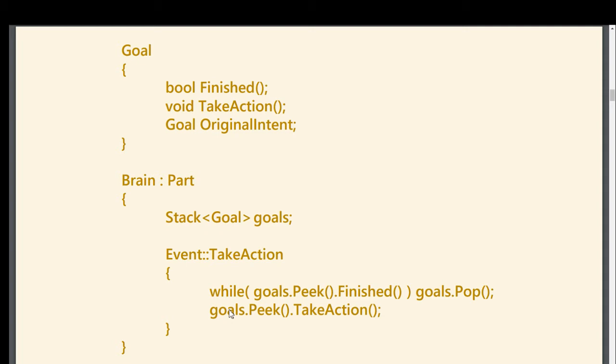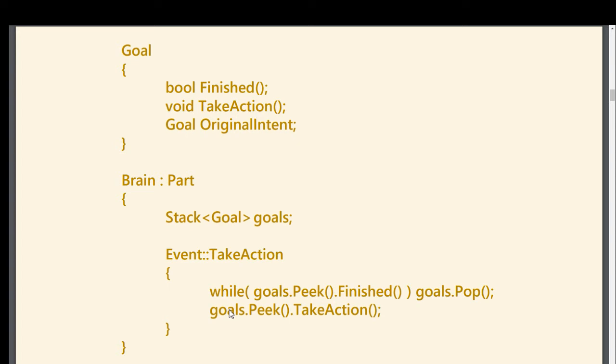So if you look at the definition of a goal, this is a base class. I implement specializations of this, like murder someone. So the goal can be finished or not. The goal of murdering someone is finished when your target is dead. It has an implementation which knows roughly how to murder someone, and it has an original intent.